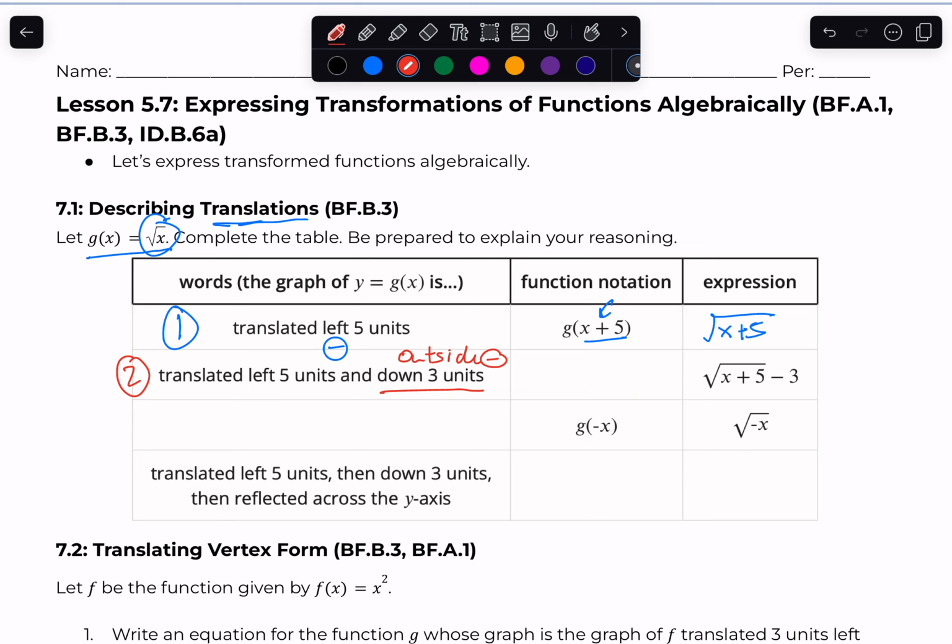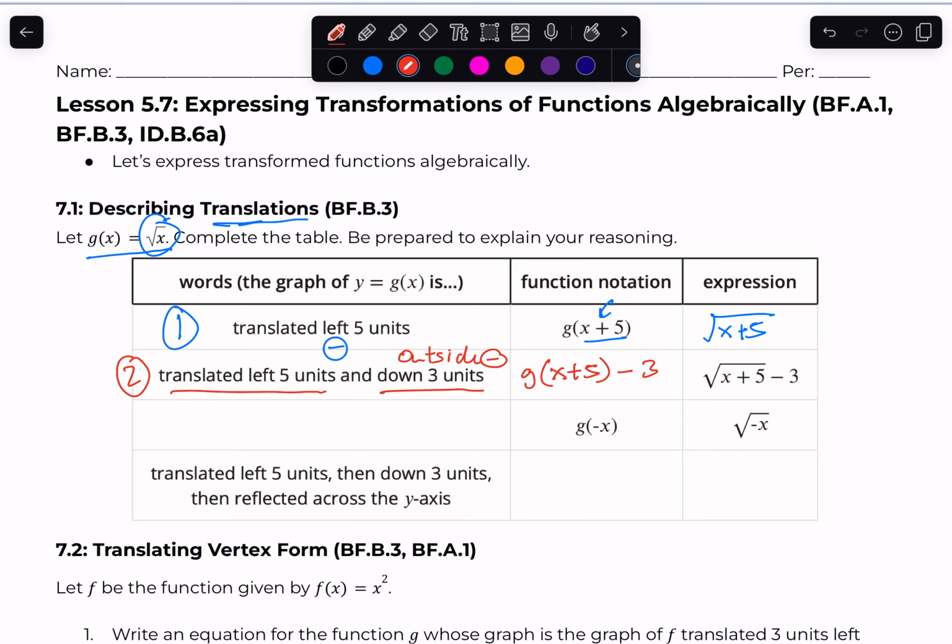Like minus 5 means going down 5. And then we already talked about left movement is inside the parentheses. So if I have g of x on the inside, I'm going to go left 5, but that means x plus 5 because it's opposite. And then when I go down 3, that tells me on the outside I need to go minus 3.